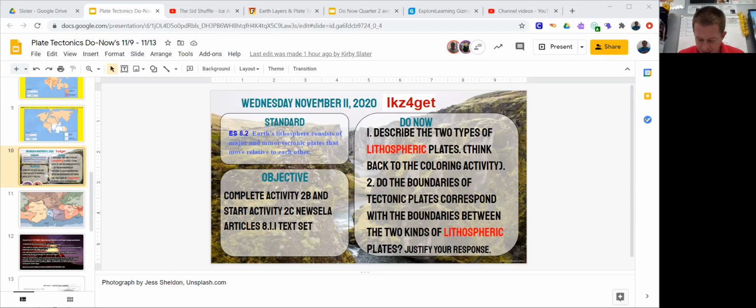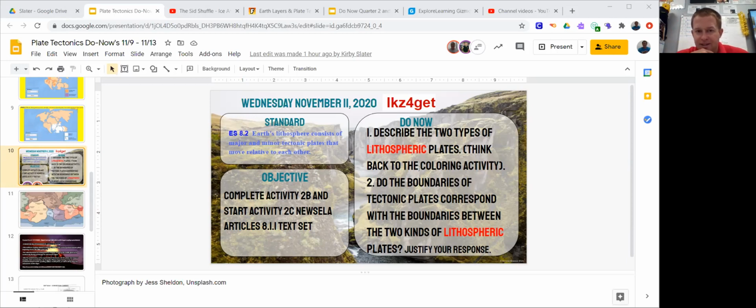Land and water, okay? Land is what covers about 30% of the Earth, and water covers almost 70% of the Earth. And the tectonic plates, there are 2 types of tectonic plates. You have oceanic, which is the water lithosphere, and then you have continental lithosphere.